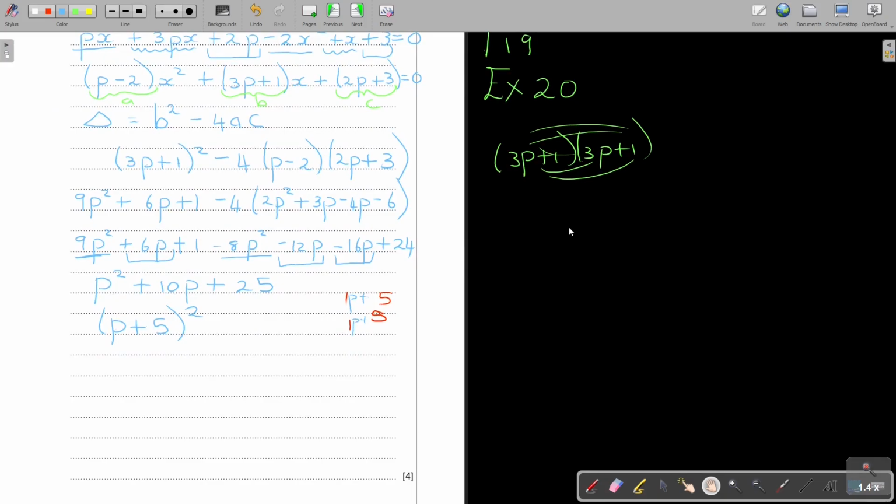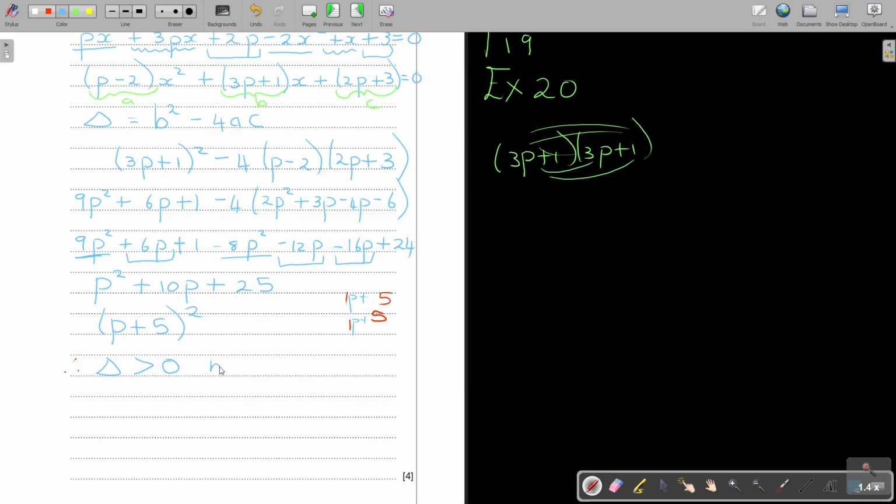So the discriminant, for any negative number that p will be, because it's squared, it will turn to positive. Okay, so it's due to the square factor. So how do I write the final step? Because this is very important. So therefore, the discriminant will always be bigger than 0. Not 0, because they said negative 5 is out.